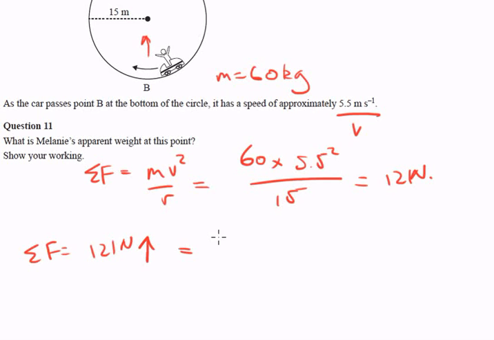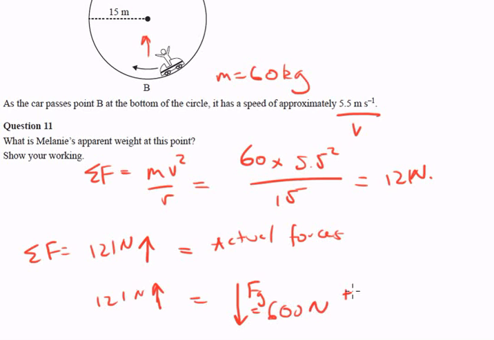That's made up of her actual forces, which are 121 newtons up, which are her gravity force, and that equals, she's got 60 kg, so 600 newtons down, plus some other force, which is the normal force, because these two have to give 121 upwards.